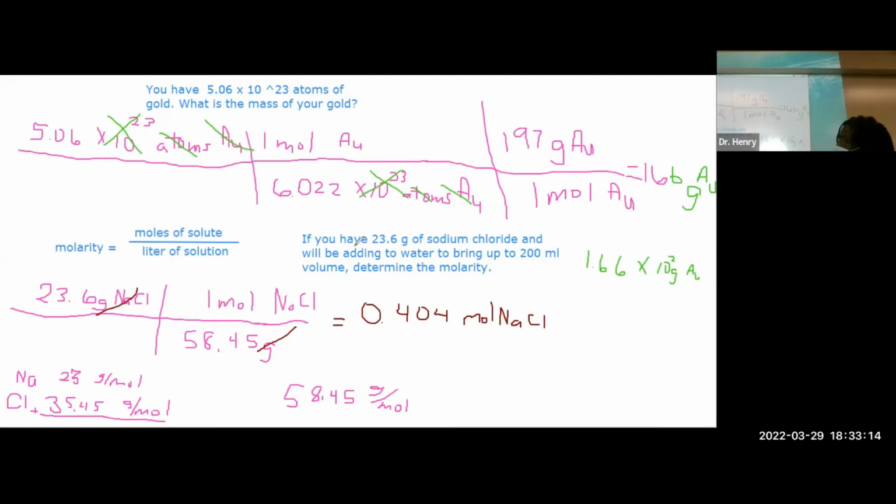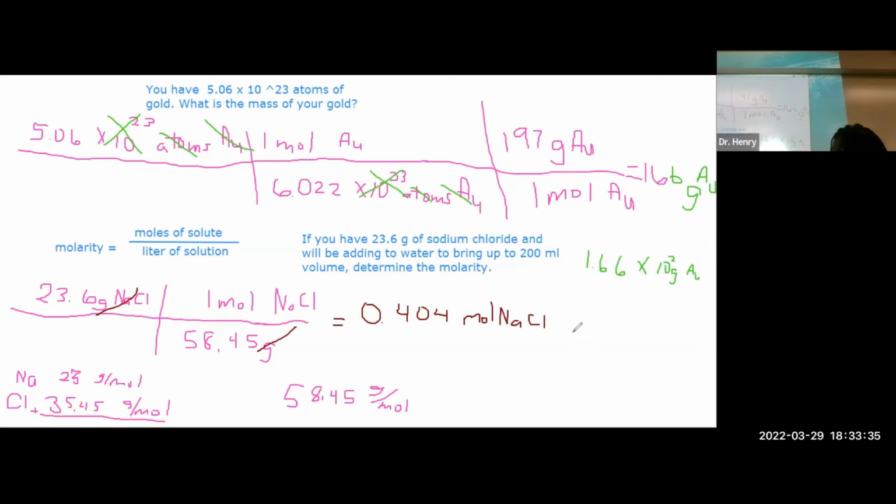So we also have 200 mils of water, but we want liters. How do I change that? It's 0.2 liters.